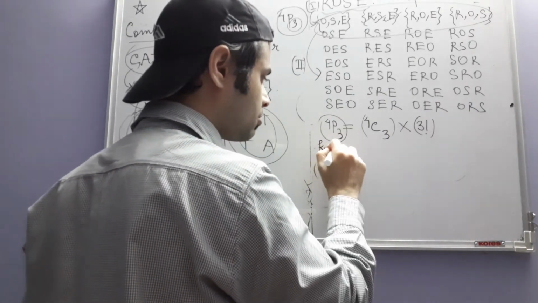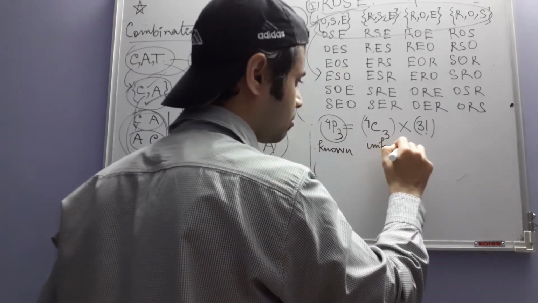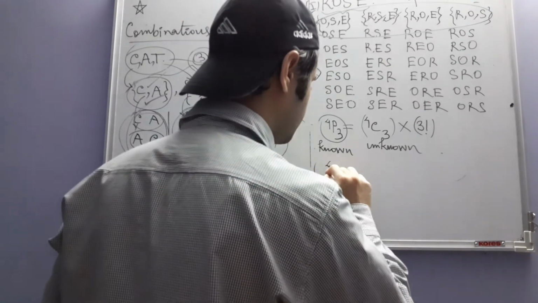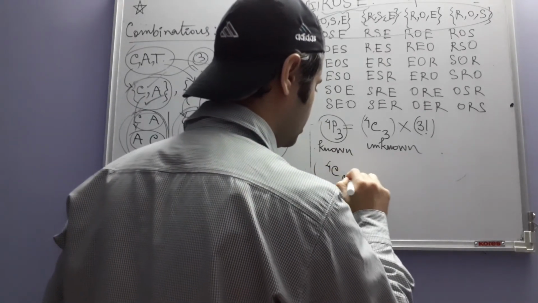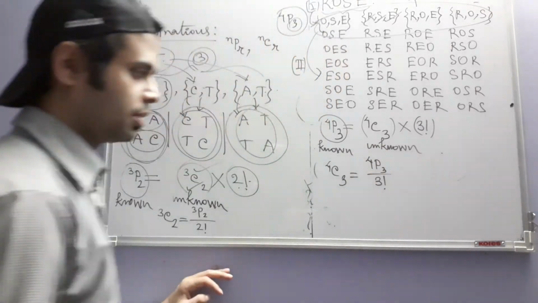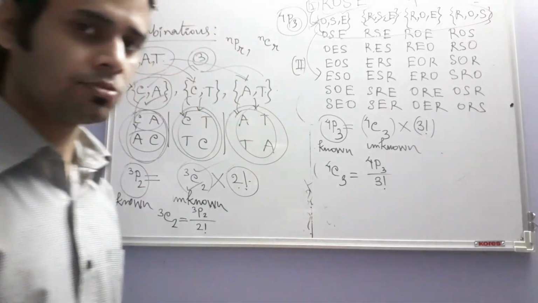Here again, this is known and this is unknown. So the unknown can be found by solving this equation. 4C3 is 4P3 divided by 3 factorial. So now you can see easily what the general case will be.